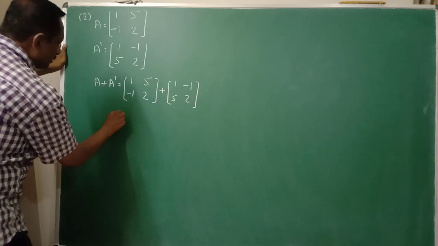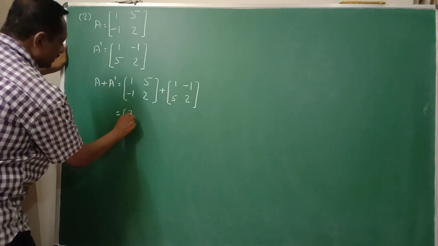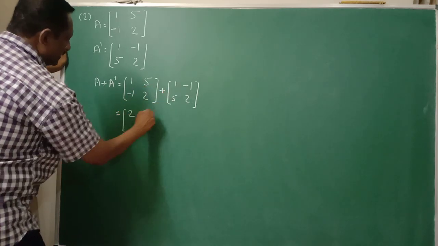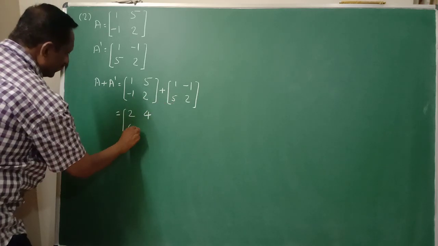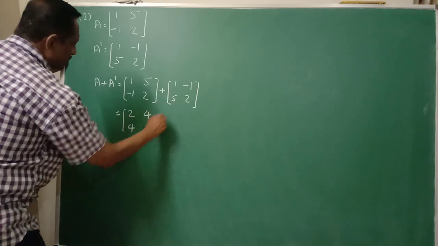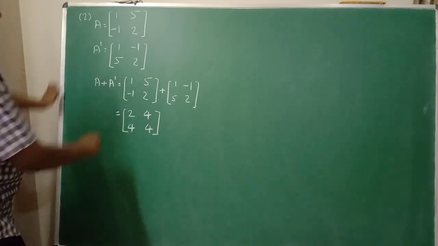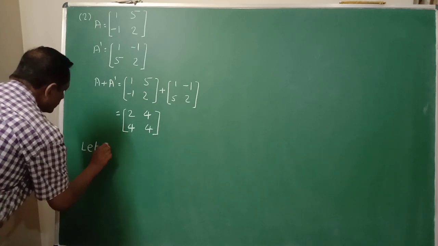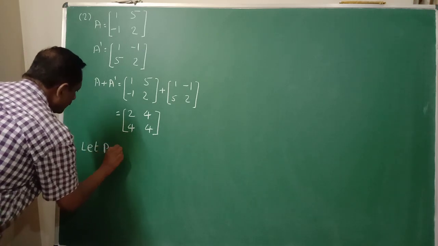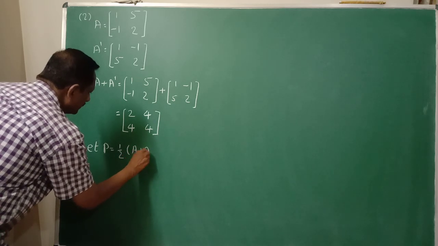Therefore this is equal to 1 plus 1 becomes 2, 5 minus 1 is 4, minus 1 plus 5 is 4, 2 plus 2 becomes 4. So it is A plus A dash. Then let P be equal to 1 upon 2 into bracket A plus A dash.